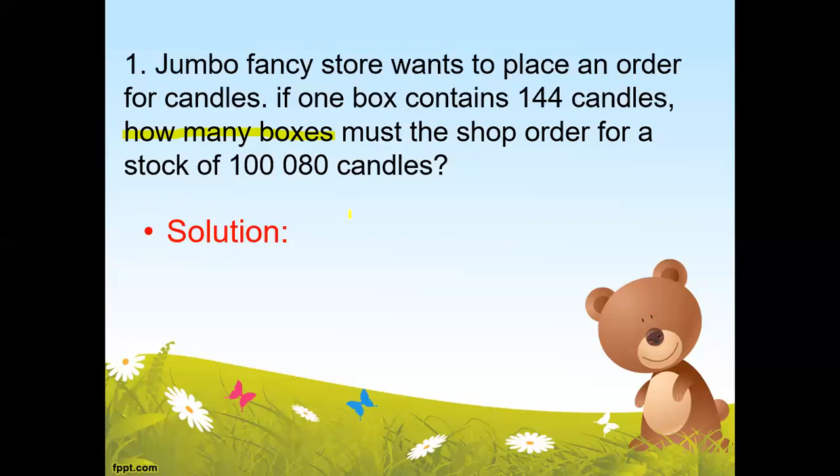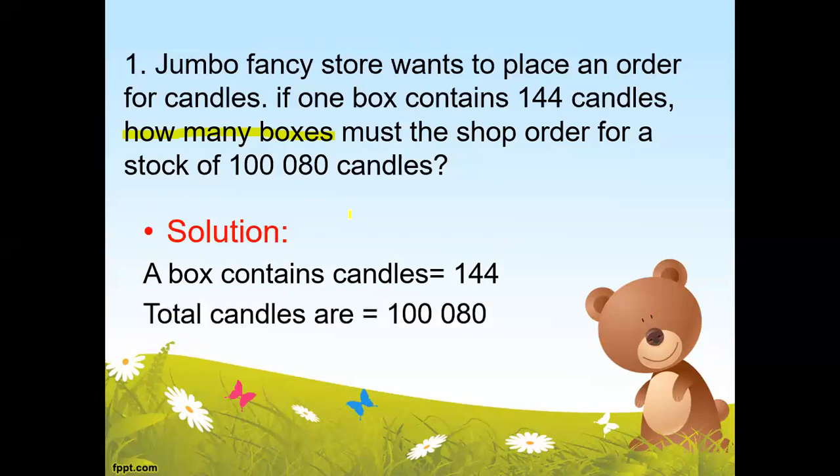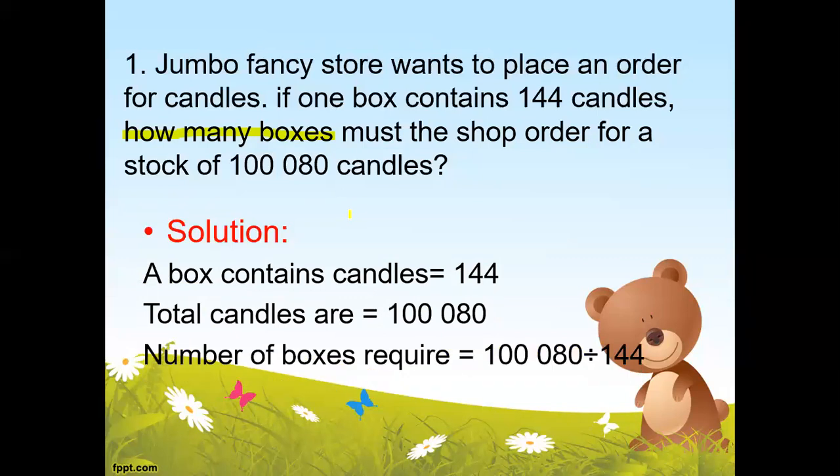So here you can see the statements. Box contains candles, those are 144. Now total candles are 100,080. Number of boxes required: when we want to find the number of something, we should do the division.